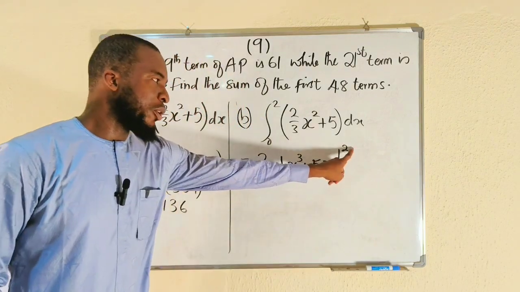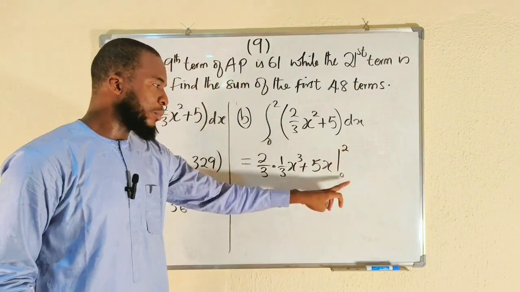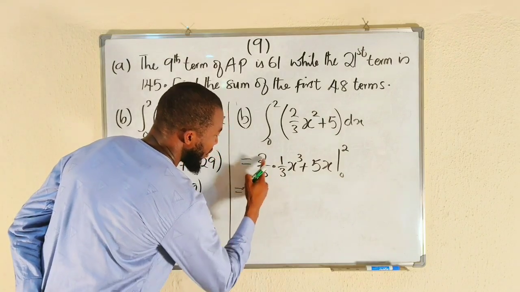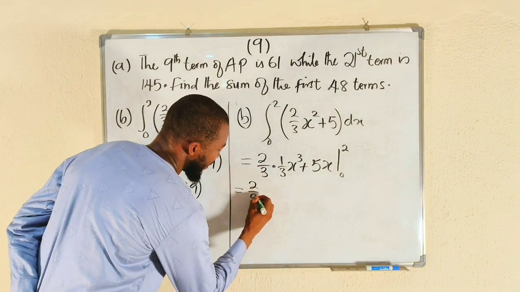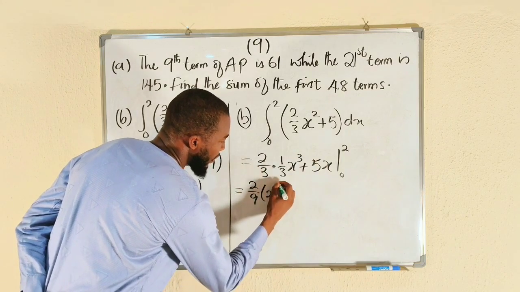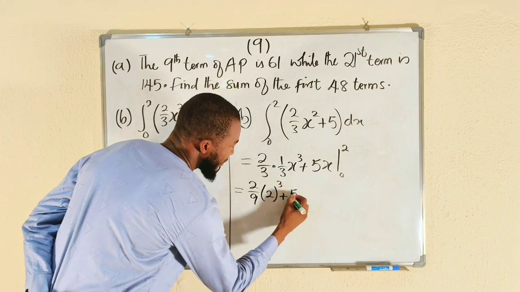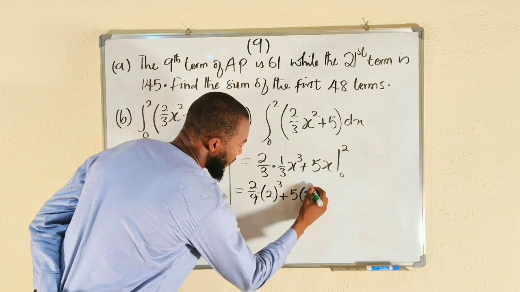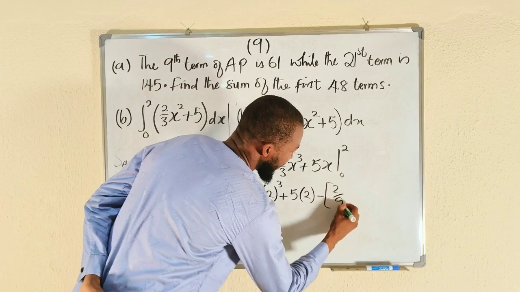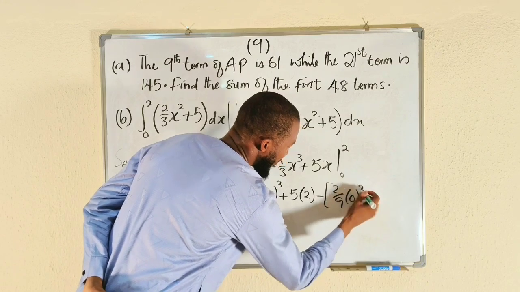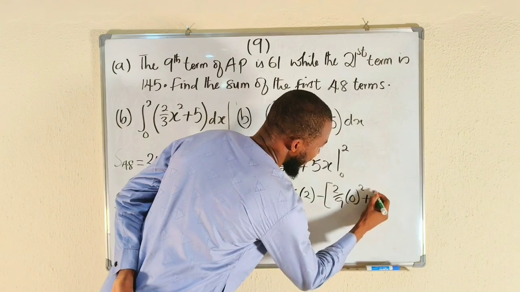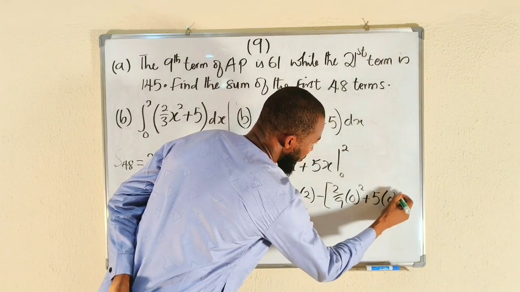All you have to do is plug in 2, subtract, plug in 0. So this is equal to the whole of 2 over 9 times x, which is 2, to the power of 3, plus 5 times 2, minus the whole of 2 over 9 times 0 squared, because we are replacing the variable with 0 again, plus 5 multiplied by 0.